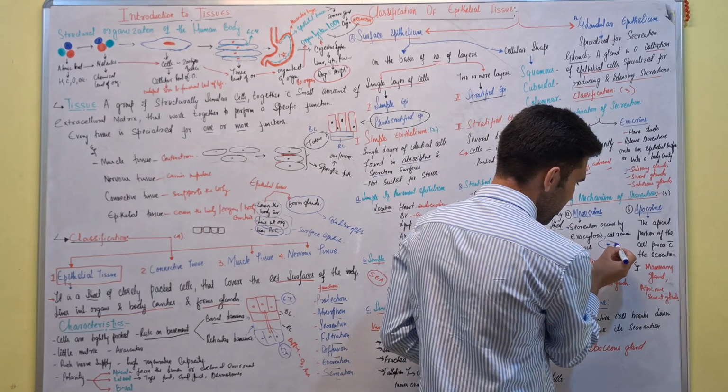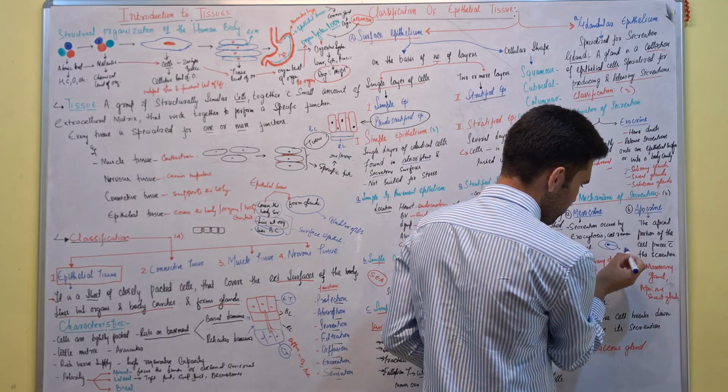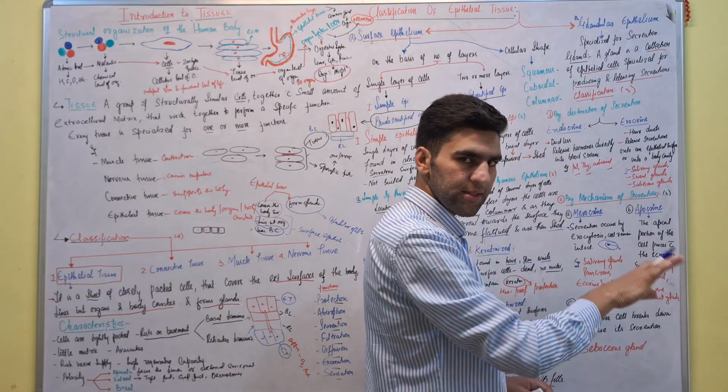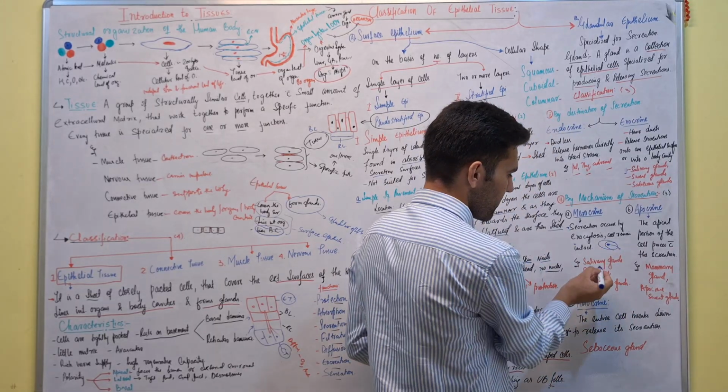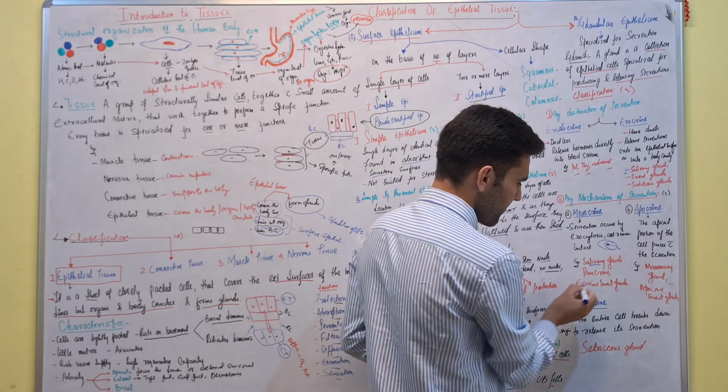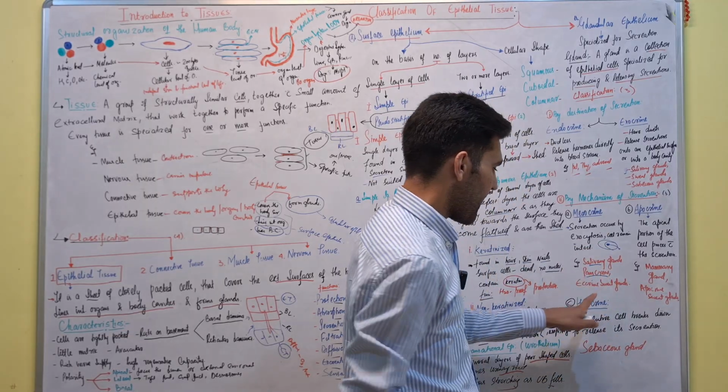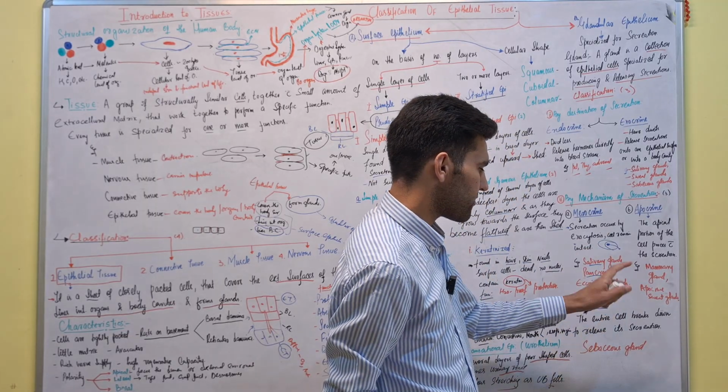So it is released by exocytosis, the process by which it is removed from the cell. It occurs in salivary glands, the pancreas and eccrine sweat glands.